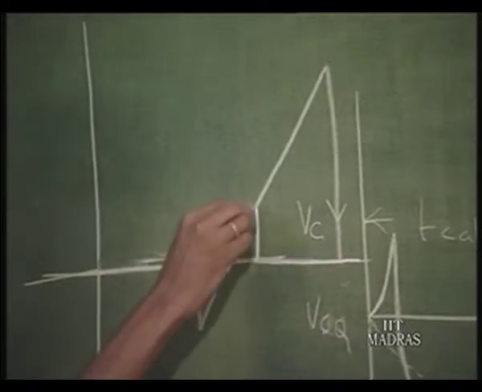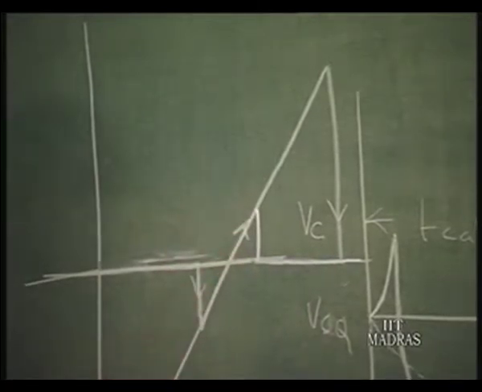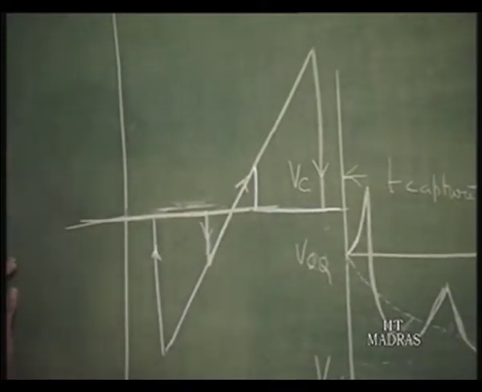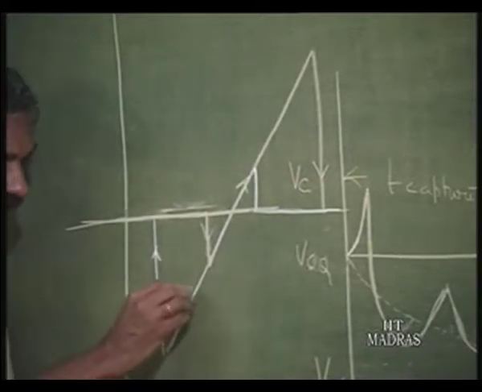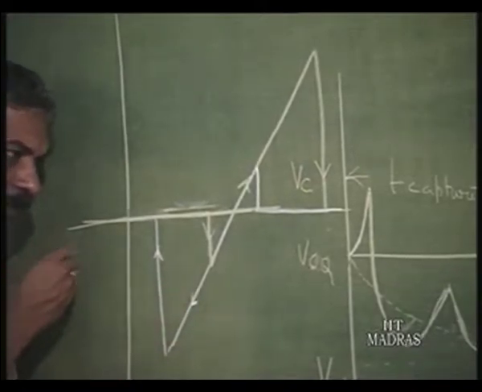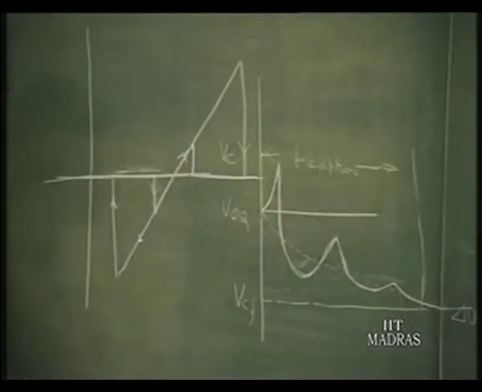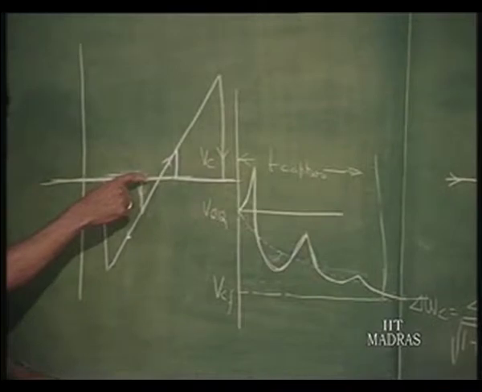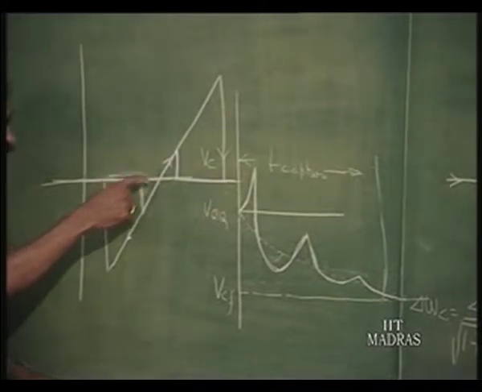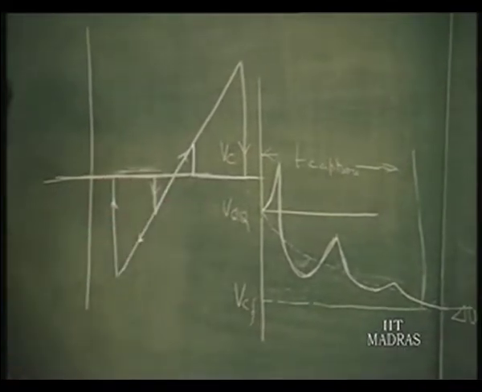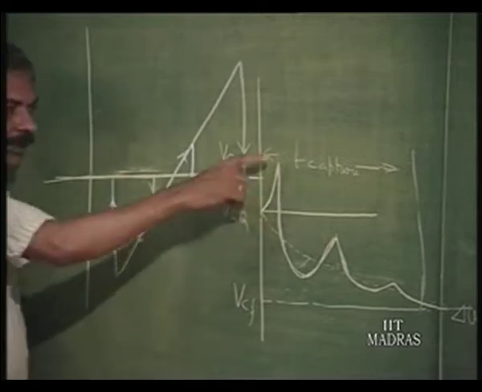It will capture and then maintain itself under lock all the way up to the lock range here. So, this kind of behavior occurs in the case of phase lock loop if you are approaching the phase lock loop from this side and this side. And this I have explained to you when the capture phenomena is taking place at this particular point, or even if it is changing from one frequency to another frequency, the capture phenomena has to occur in the following manner. This is the so called transient.